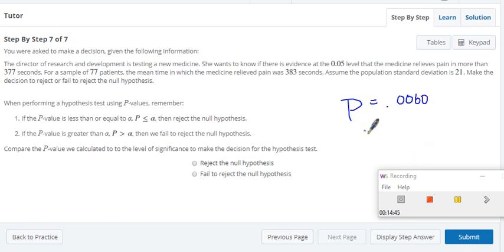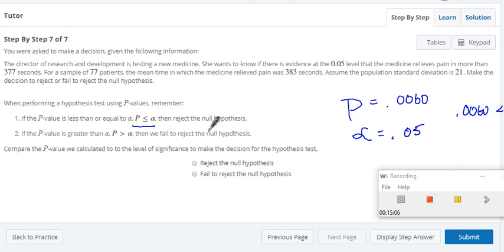Our alpha is equal to 0.05. So we have a couple of situations right here. If our p-value is less than or equal to our alpha, well, that looks like our scenario, right? Because 0.0060 is less than 0.05.